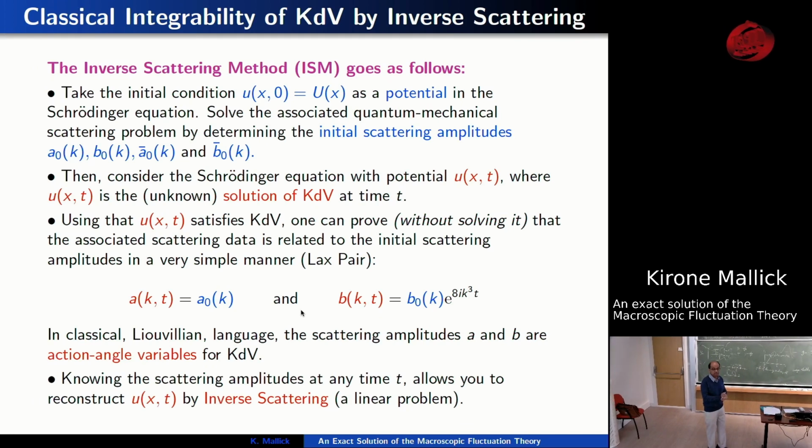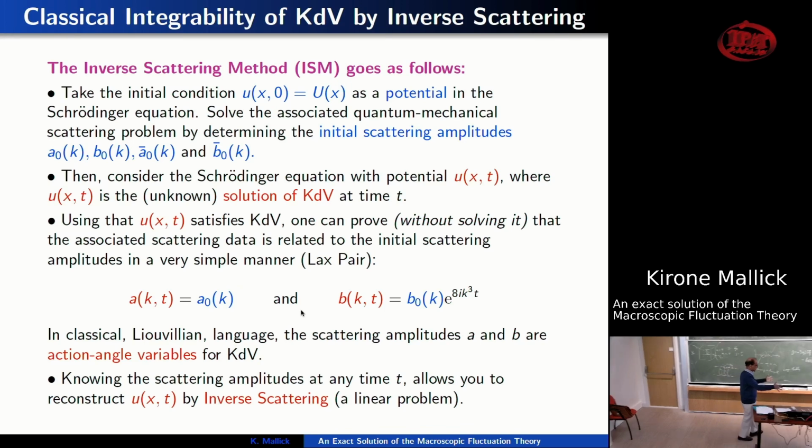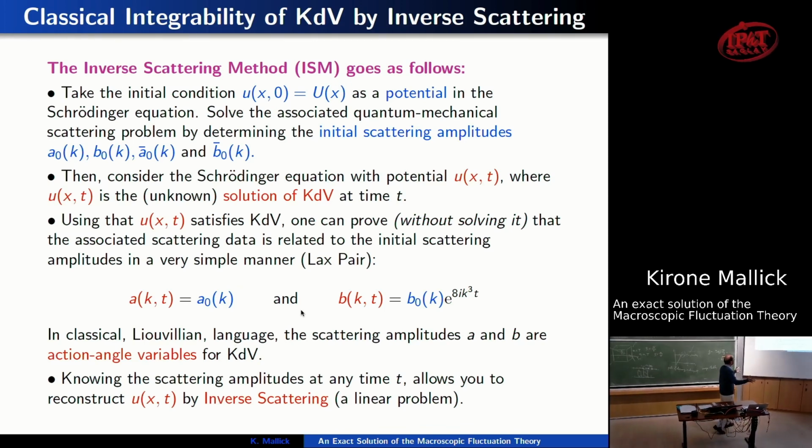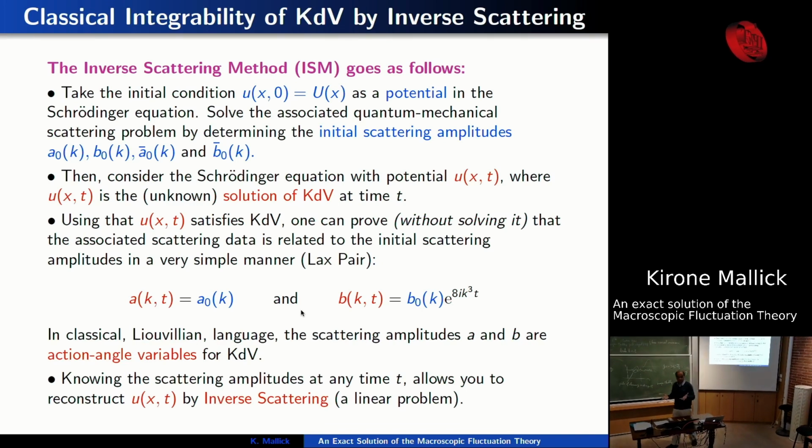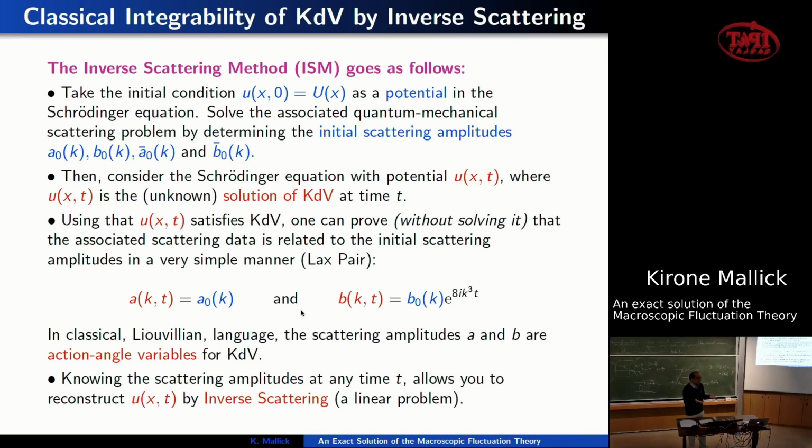Is it clear? You put the initial condition, you have some scattering data, you put the solution at a given time, you have also scattering data. But all this is abstract. You may not be able to do it, and you don't even know what u(x,t) is.